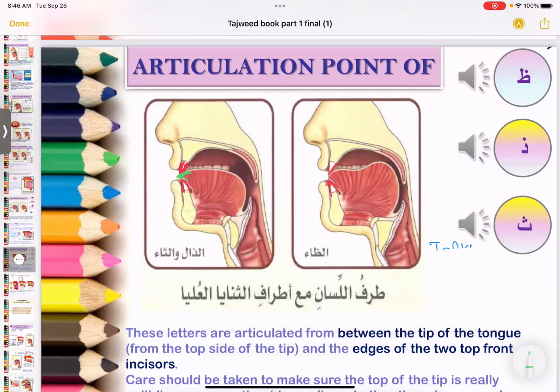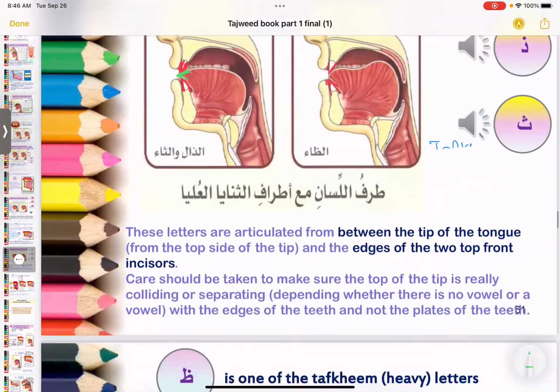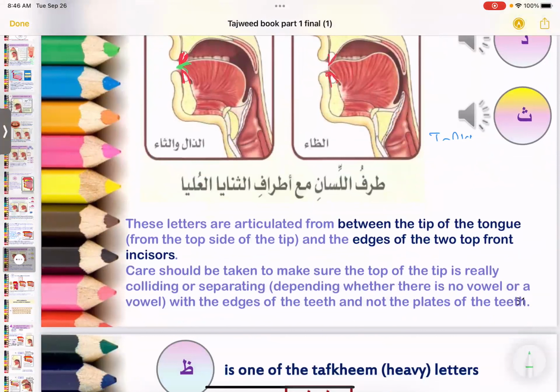Okay, now let's look at what else they have to say. Care should be taken to make sure the tip of the tongue is really colliding or separating, depending on whether the letter has a vowel or no vowel. Vowel means whether they have a fatha, dhamma, or kasra.